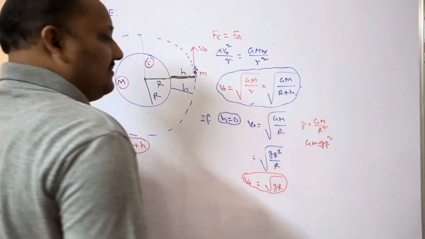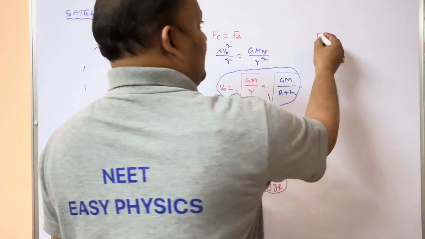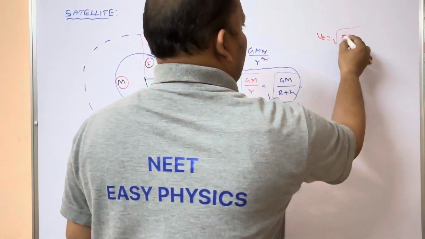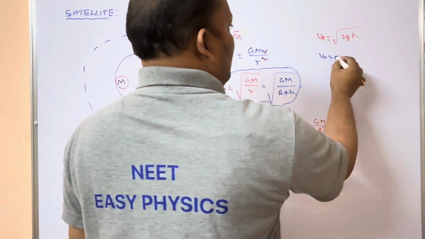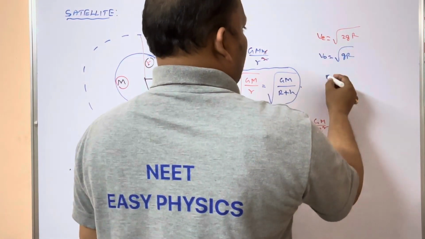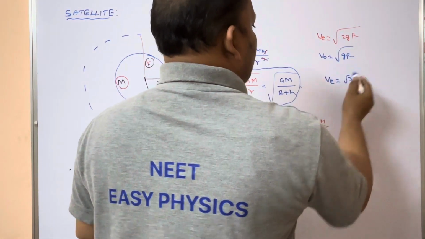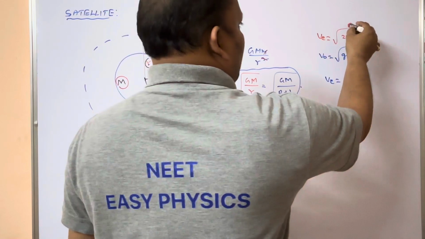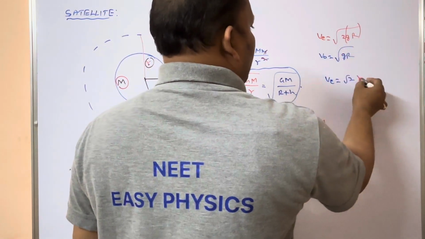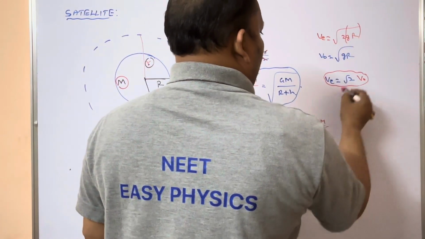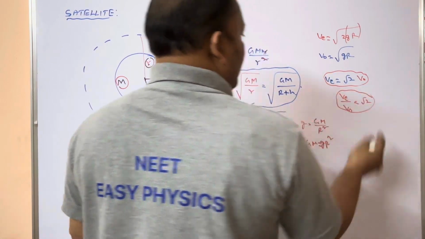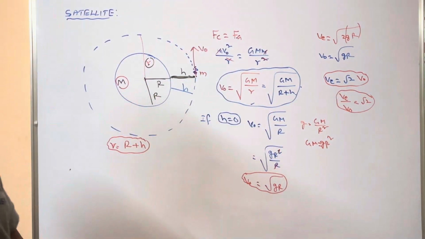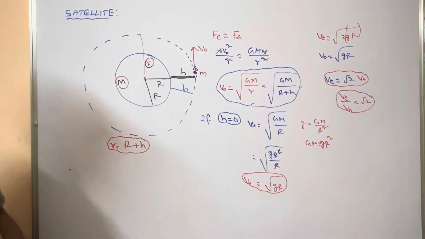So what is the relation between orbital velocity and escape velocity? They will ask. Escape velocity is root of 2gR. Orbital velocity is root of gR. So escape velocity v is equal to root 2 times v naught, in place of root gR we will write v naught. One time they asked this question in your final NEET exam: what is the ratio of escape velocity and orbital velocity?